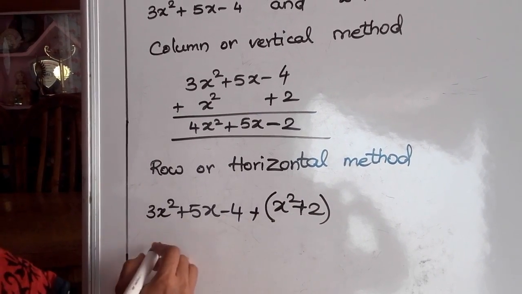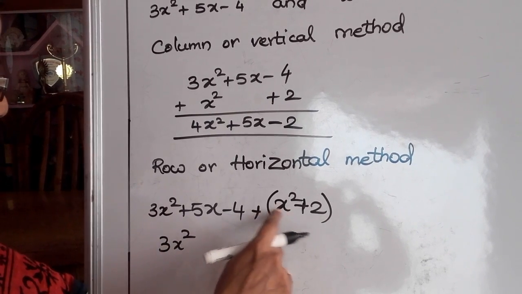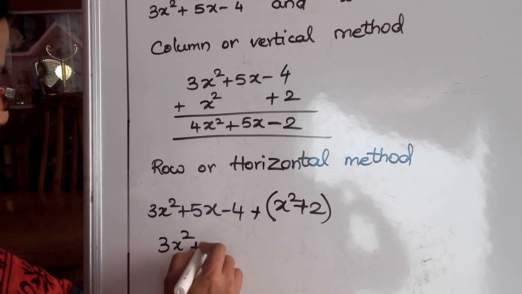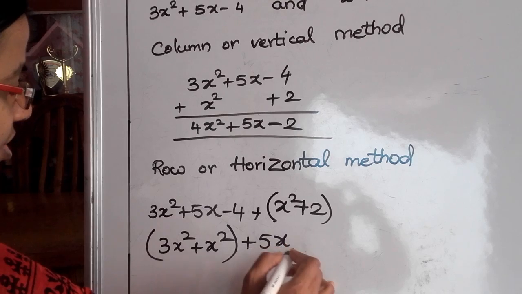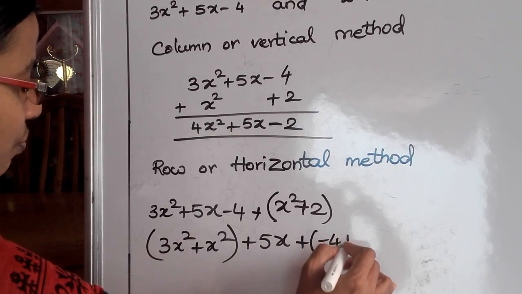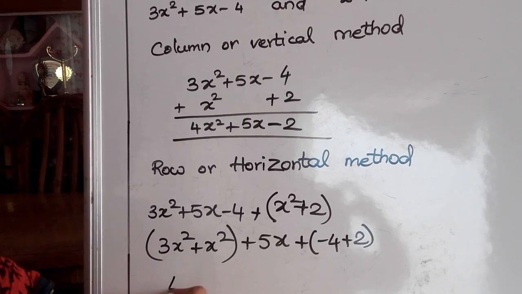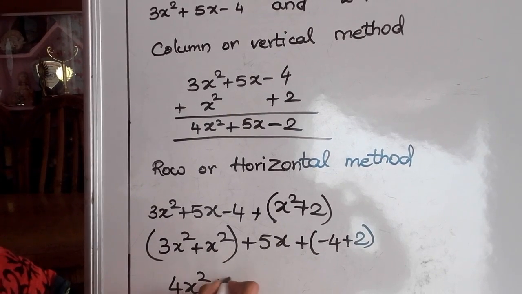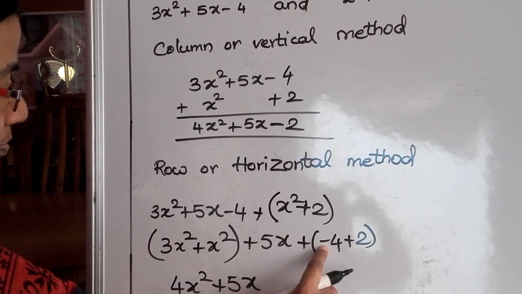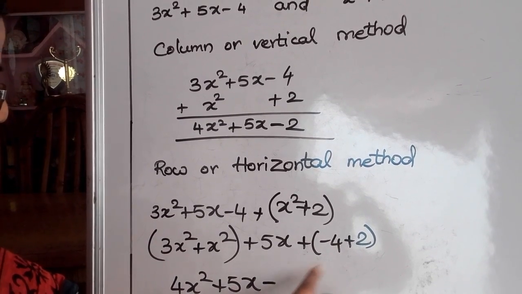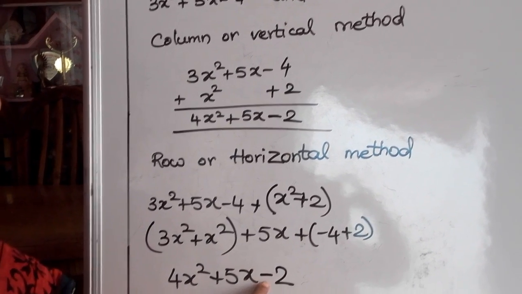Now write like terms together: 3x square, plus 1x square, plus 5x, plus minus 4 plus 2. So 3 plus 1 is 4x square plus 5x. The greater sign is minus, so write minus 4 minus 2 is 2. So 4x square plus 5x minus 2.